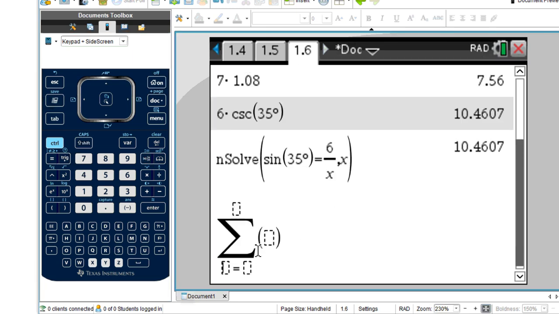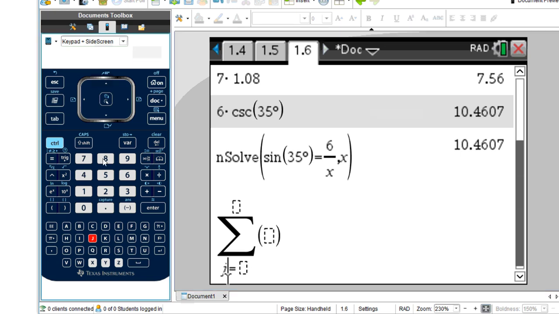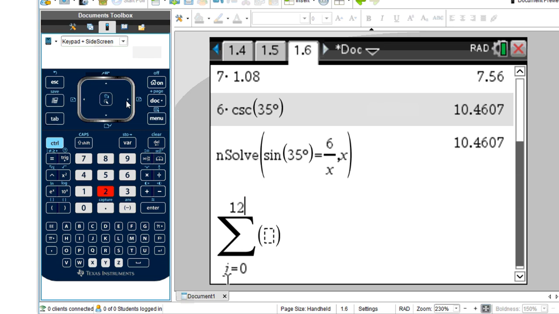So we can go here from j equals 0, and the letter's not important. And we're going to go up to 12 up here, and then that's going to be 3 plus 4j, and that's all there is to it.